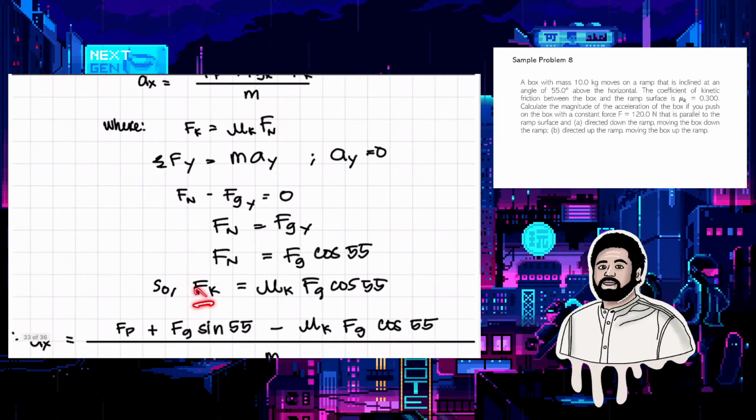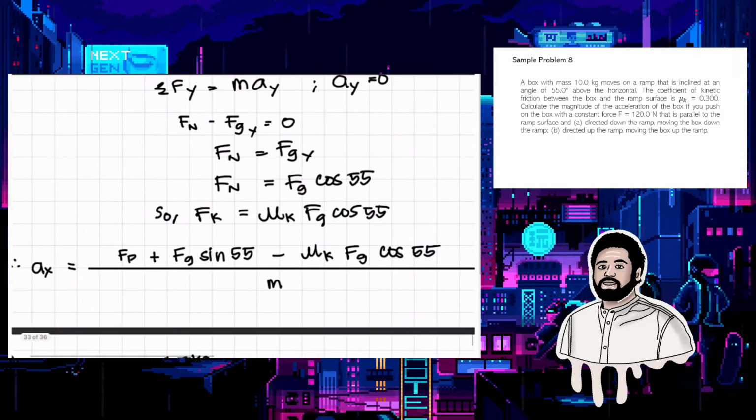So solving for Fk, it is just equal to mu k times Fg cos 55. So this is the pull of gravity, so Fg is equal to mg. So we have now the acceleration ax is equal to Fp plus Fg sin 55 minus mu k Fg cos 55 all over m, the mass.